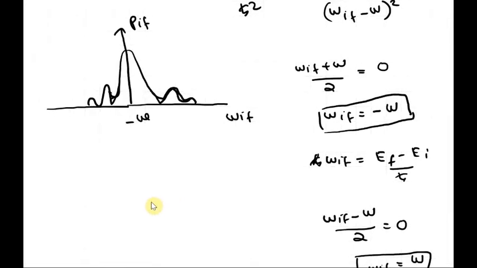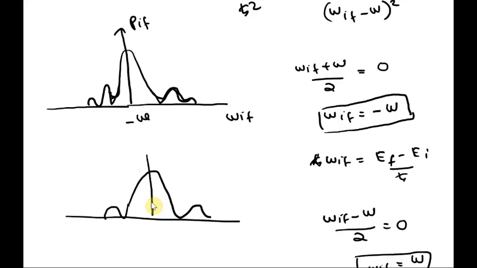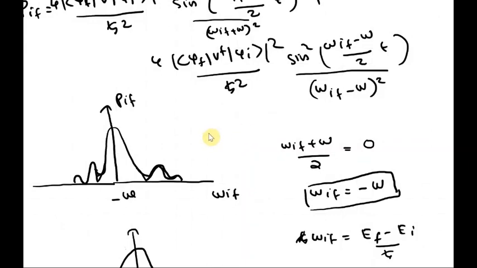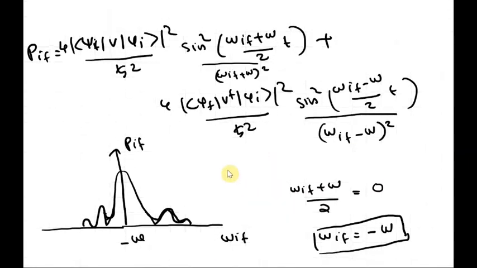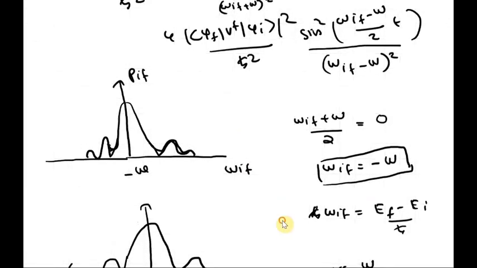So in the second case, the transition probability maxima comes at omega, so this is omega if. Okay, so that's our catch from here.